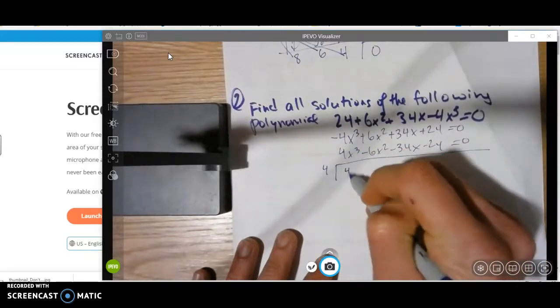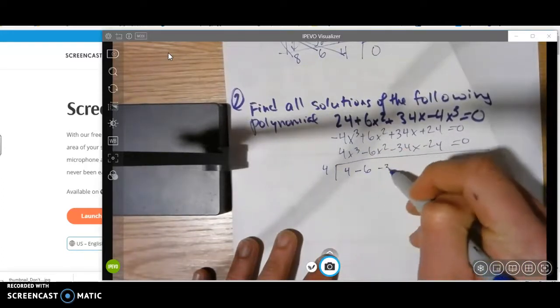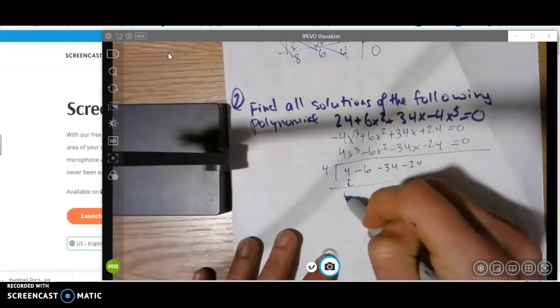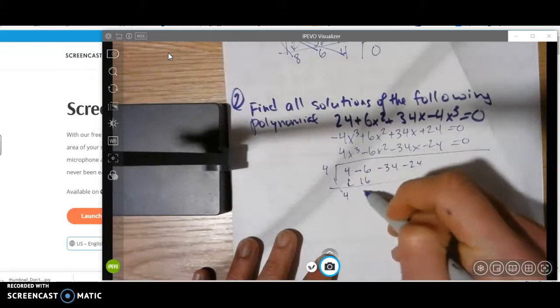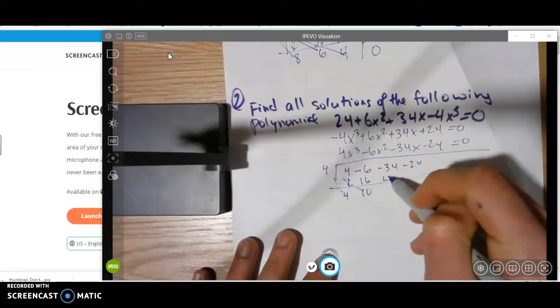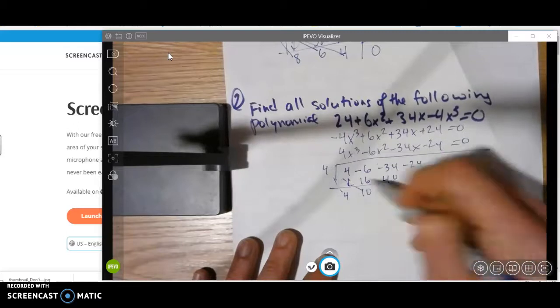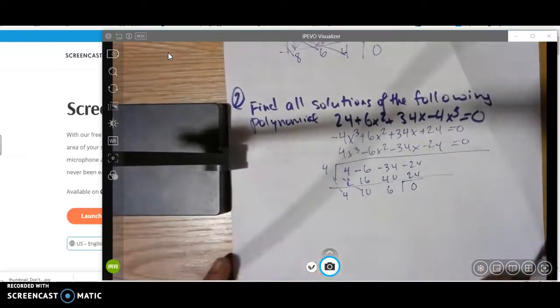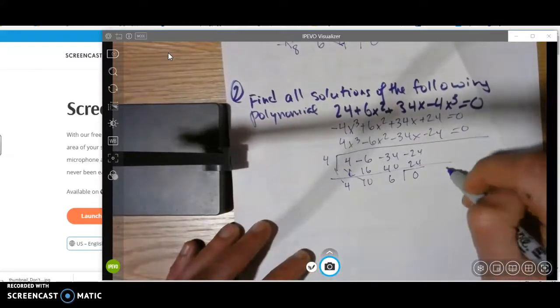So we have 4, negative 6, negative 34, negative 24. We drop a 4. We get 16, and we get 10, and we get 40, and we get 6, and we get 24, and we get 0. So one of our zeros for this polynomial is x equals 4.